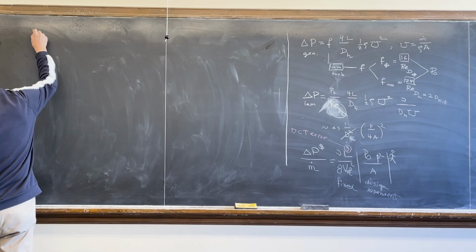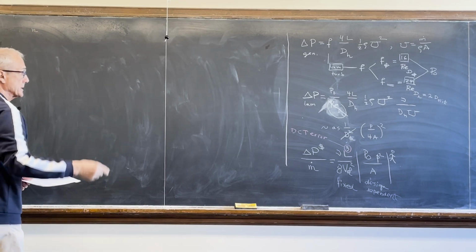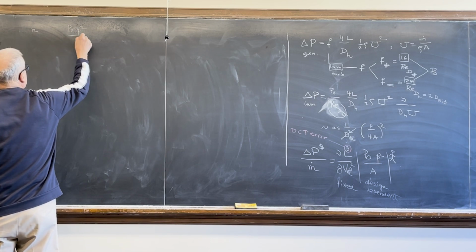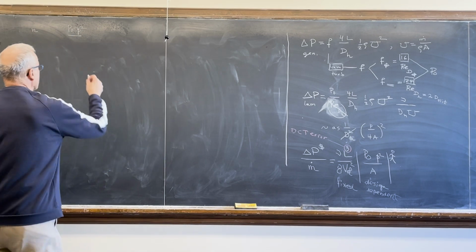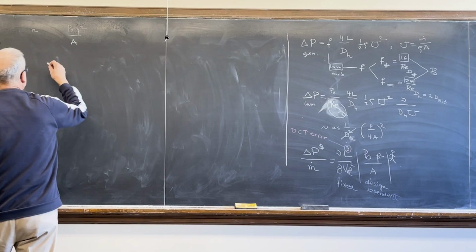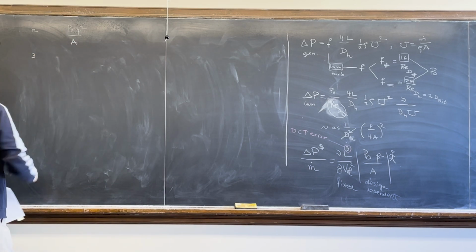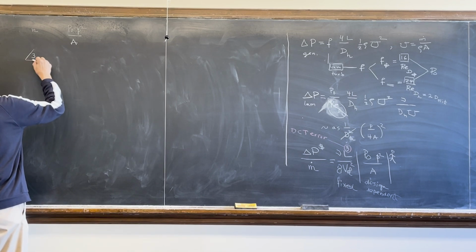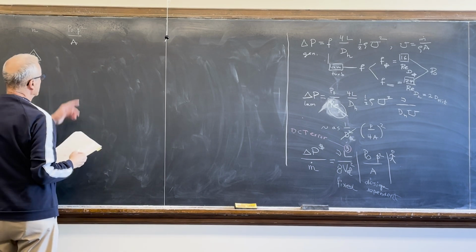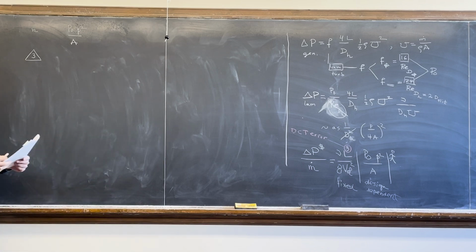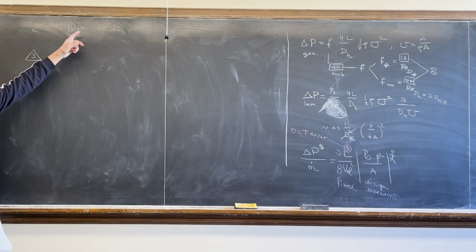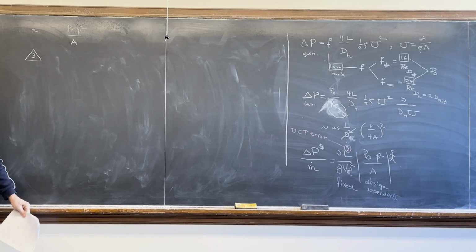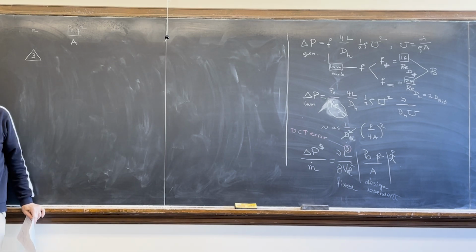So we have n here, and that group, which is Poiseuille wetted perimeter divided by A. 3 means equilateral triangle. And the number that you get here, dimensionless, has to be dimensionless. Look, meter squared divided by meter squared. It's really nice when things turn out to be dimensionless, you know.